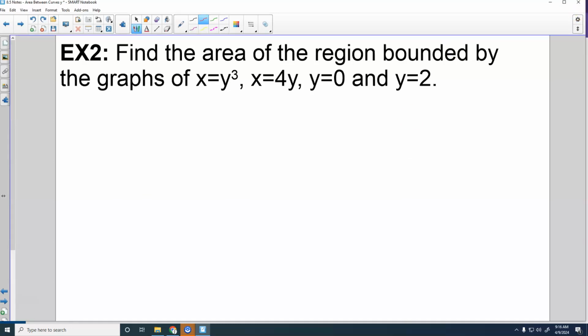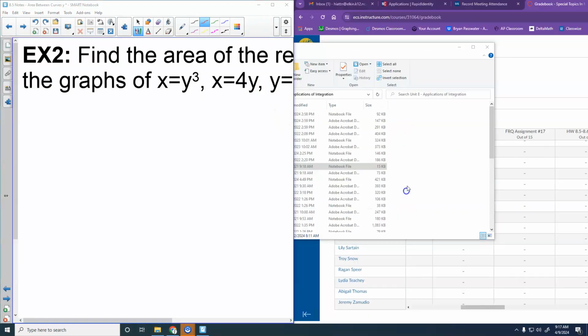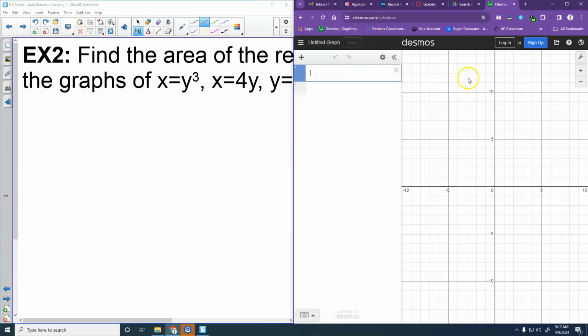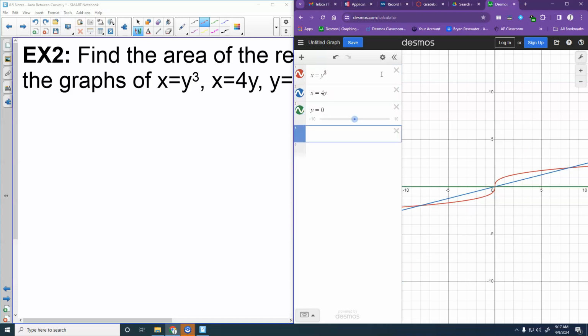So let's look at this on Desmos just to picture what we would see here. We would have x equals y to the third, and I'm picking Desmos because Desmos will graph this. Your calculator, you have to solve things for y before it'll graph. And y equals 0 and y equals 2 here.